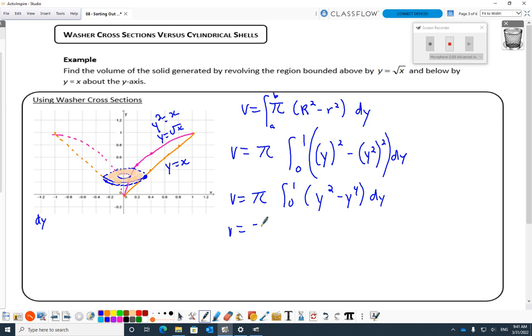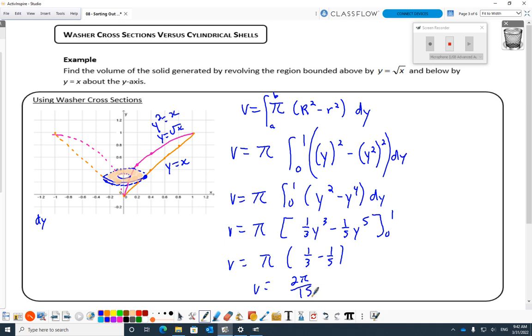Volume equals pi times the antiderivative, 1/3 y cubed minus 1/5 y to the fifth, from 0 to 1. Ignore the 0 bracket. When I sub in 1, I get 1/3 minus 1/5. That's 5/15 minus 3/15, so 2 pi over 15. Now I pause a long time for questions.